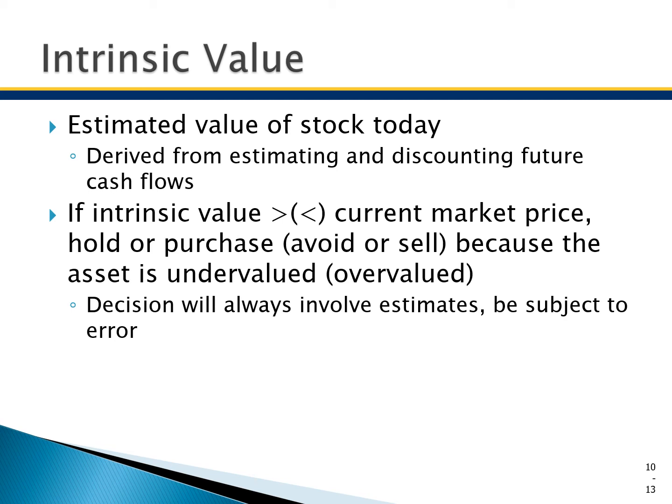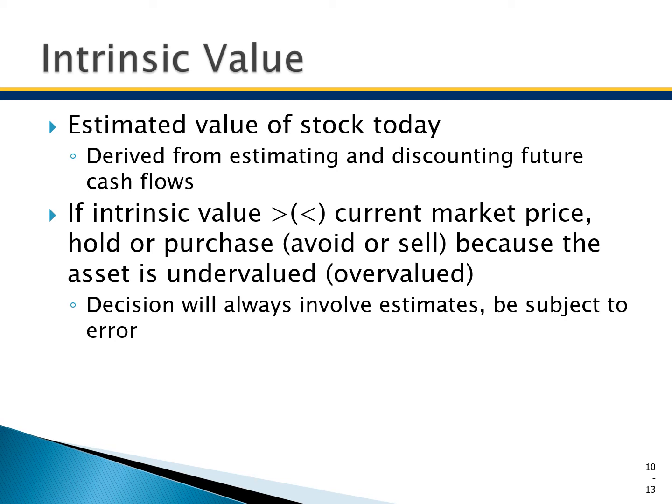So if that value is greater than the current market price, we can hold that asset because it's undervalued, and if it is not with you, you have to purchase that asset.